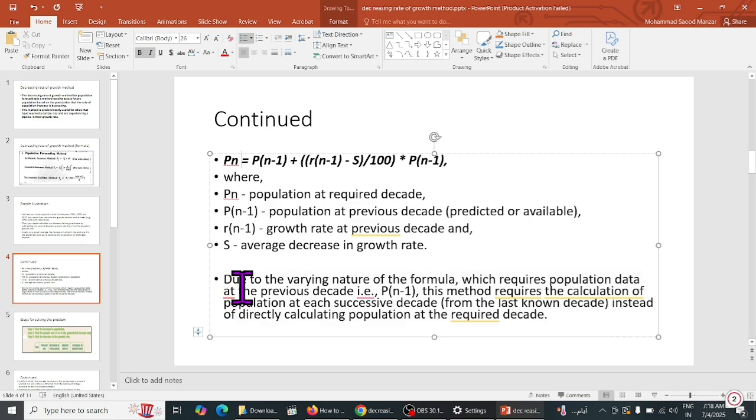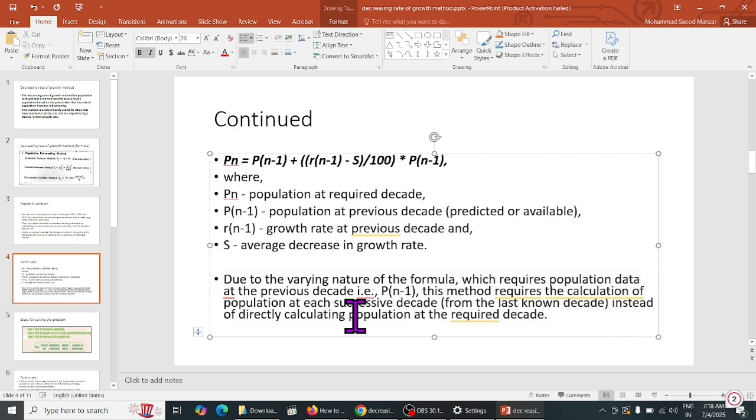Due to the nature of the formula, which requires the population data at the previous decade, Pn-1, this method requires the calculation of population at each successive decade. It's not like our previous methods, where we found the population directly at the required decade.